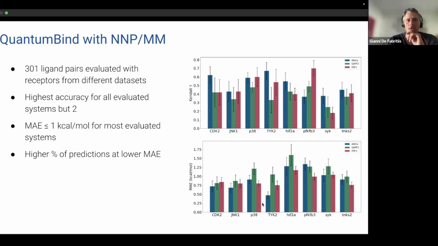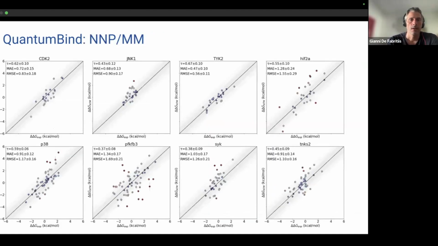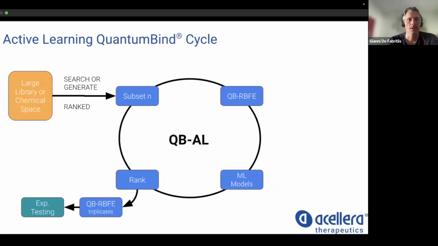This was kind of a surprise because we only changed the potential in a very limited way, only for the conformational space of the ligand, but that's enough to produce this huge improvement. So this is a significant improvement, and again, across the board you get much better performance and much better accuracy.